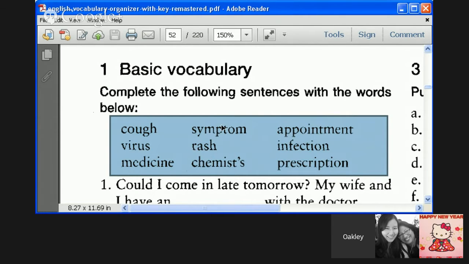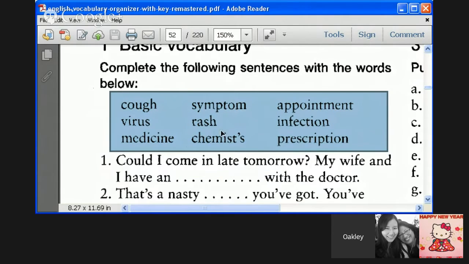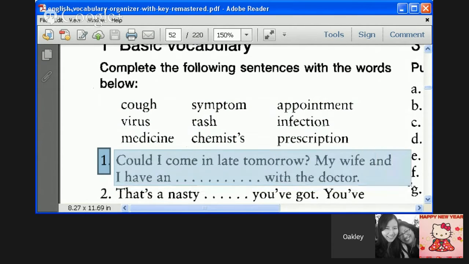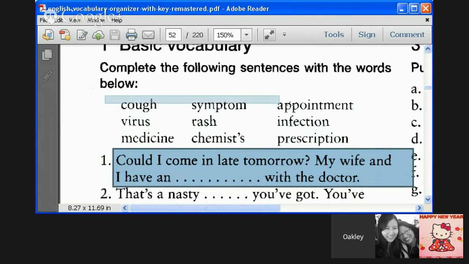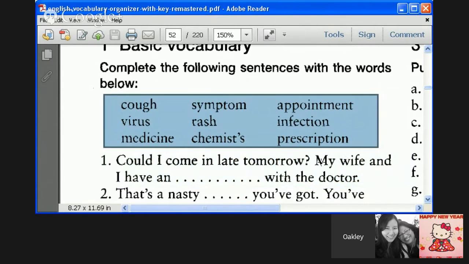We're going to start out doing some simple fill-in-the-blank exercises. I would like you to read the sentence and fill in the blank with the appropriate word up here. Gemma, if you could start with number 1.